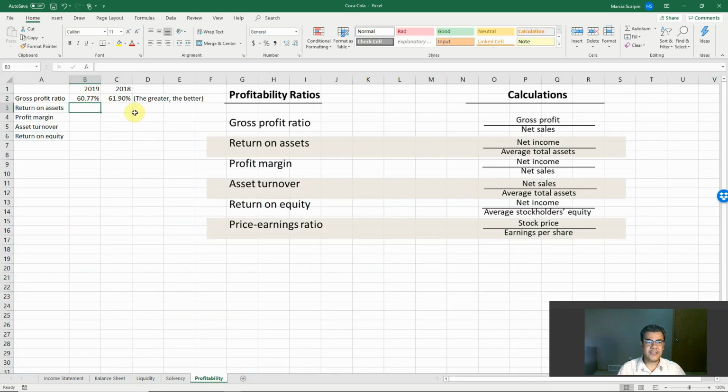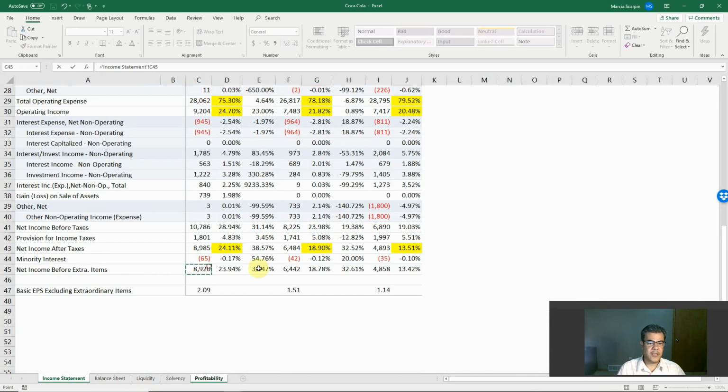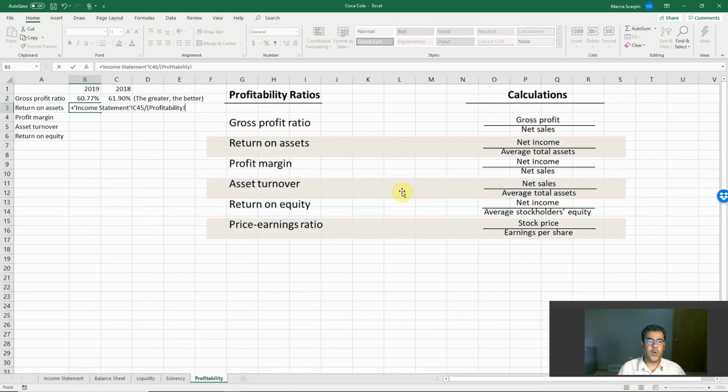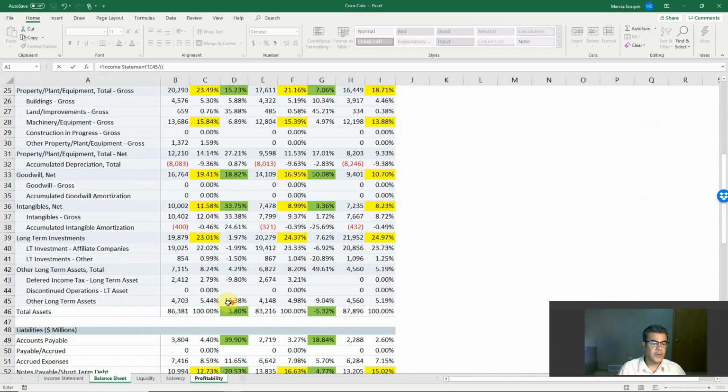Return on asset, net income. Net income is income statement. Here, net income divided by average total asset. So average total asset is balance sheet. So we need a double parenthesis here. Double parenthesis here.